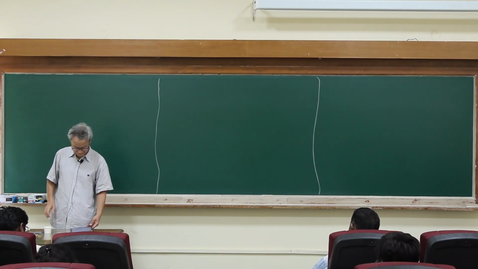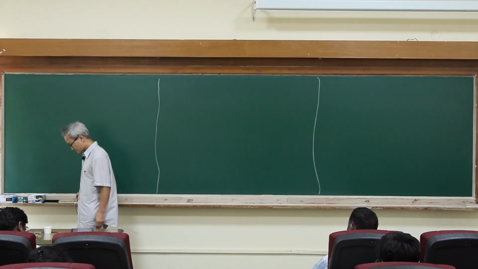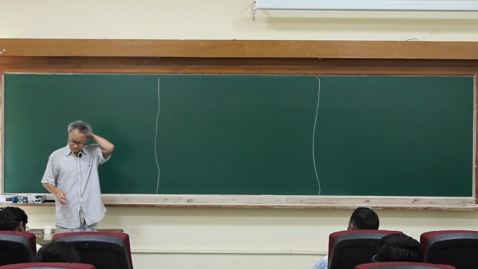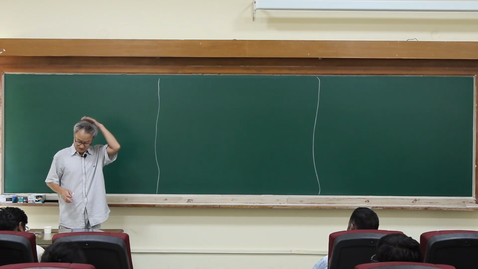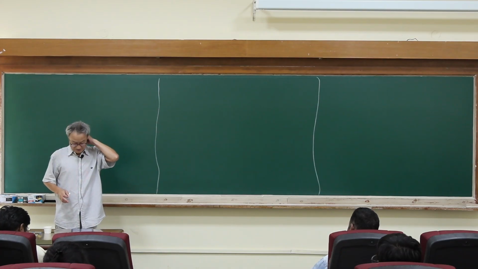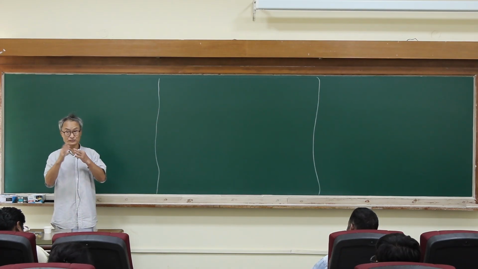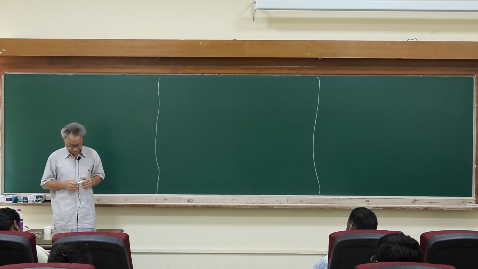Okay, so now Sakharov conditions. Now we will see how Sakharov conditions work in this leptogenesis scenario. Through the right-handed neutrino decay, we produce lepton asymmetry.